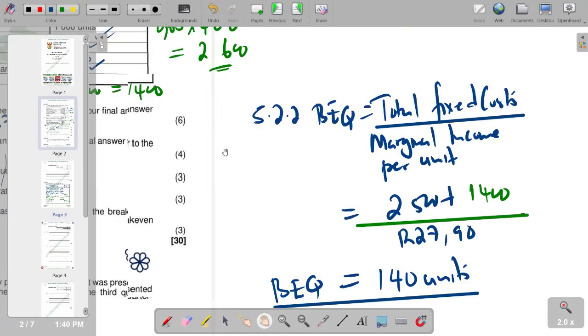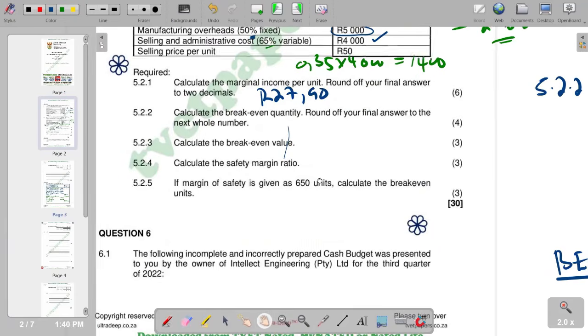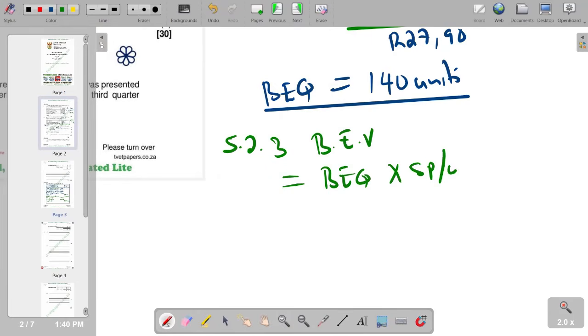Then we move on to the next part, which is now 5.2.3. Calculate the break-even value. Obviously, break-even value is break-even quantity times selling price per unit.